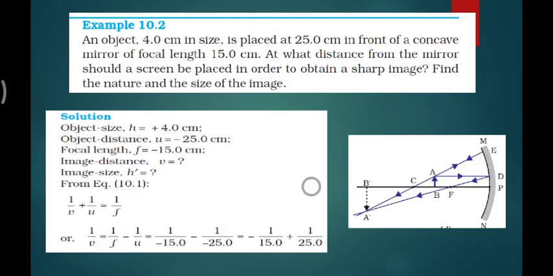Now we proceed with the further calculations using the mirror formula. 1 upon v plus 1 upon u is equal to 1 upon f. What we have to find is 1 upon v, which means ultimately we need to find v.